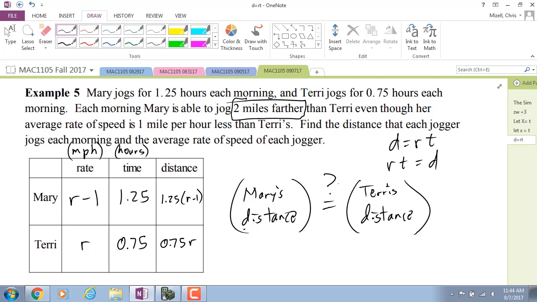So what quantity is greater, Mary's distance or Terry's distance? Mary's distance. If we knew Terry's distance, let me just throw a number out. Suppose Terry's going to jog 5 miles. How far would Mary jog in that case? 7. And how do we get 7? Plus 2. So if we have Terry's distance and we want to calculate Mary's distance, we would add 2 miles to that.